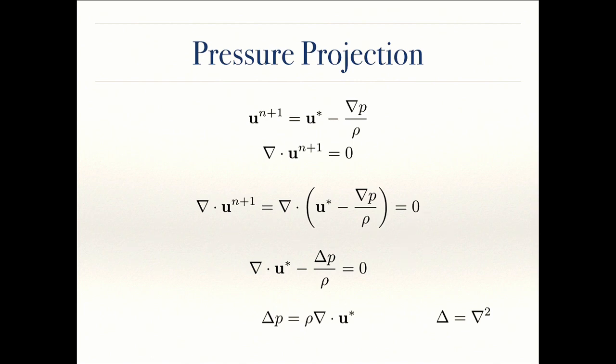And pulling that to the other side, we get that the Laplacian of pressure is rho times the divergence of u star. So what we do is we first update u star in time using all the forces that are simple to compute, and then we do a big pressure solve to make sure that it's divergence free.